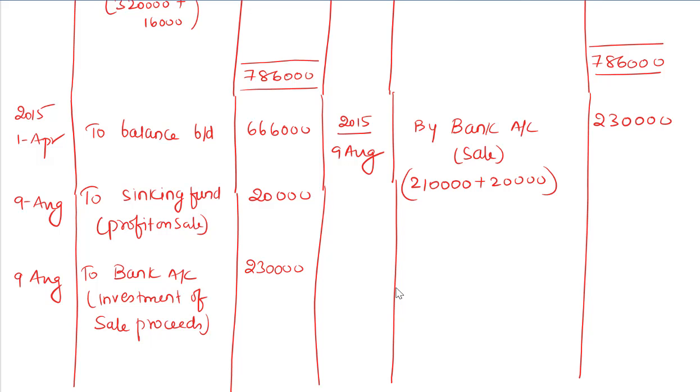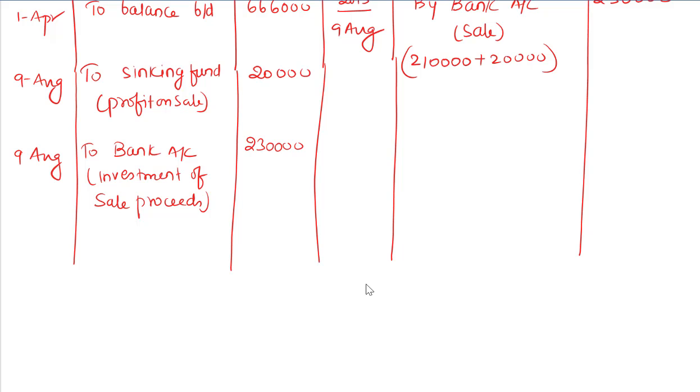There was a sale of 2,30,000 inclusive of profit. Profit is transferred to sinking fund, and then this whole is invested. That is the depreciation amount plus interest is invested back.